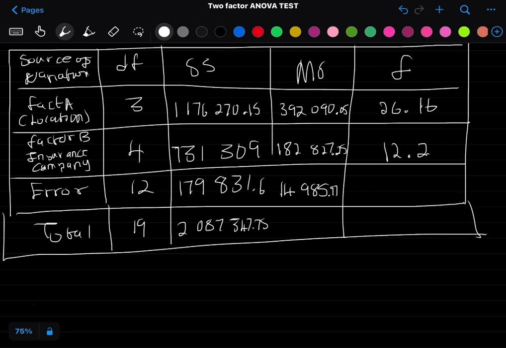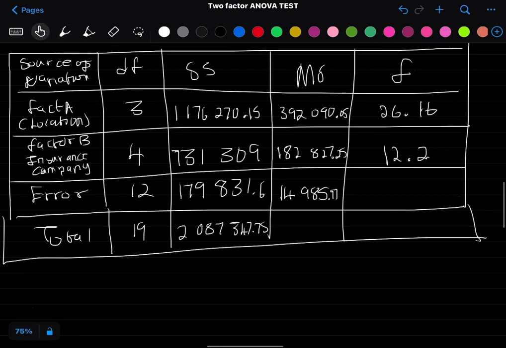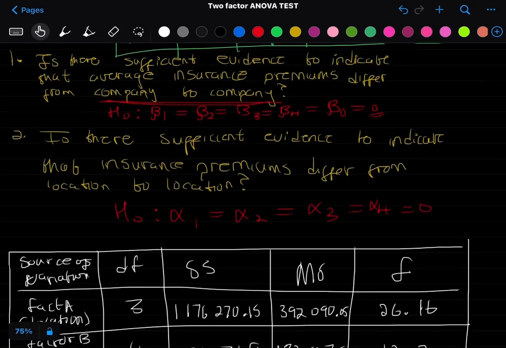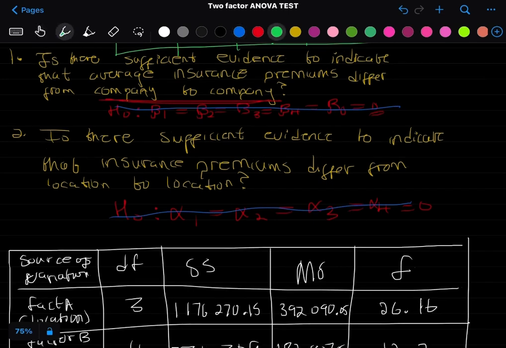So this tells us that it is reasonable for us to conclude that there is sufficient evidence to indicate that the coverage insurance premiums differ from company to company and from location to location, which means we are rejecting the null hypothesis. So in this case, the question will be answered by yes, even this one by yes. That was it. Thank you.